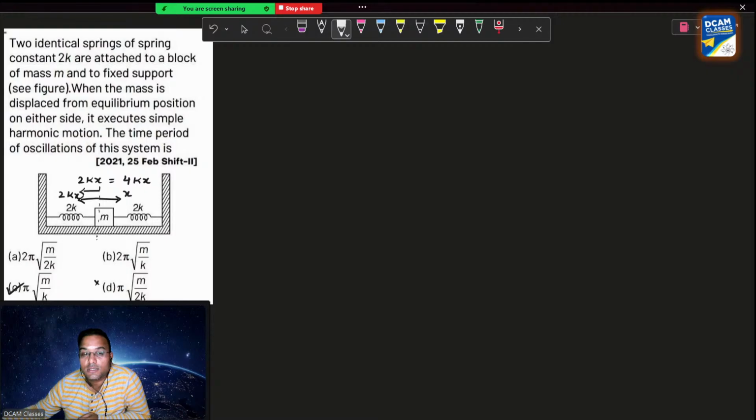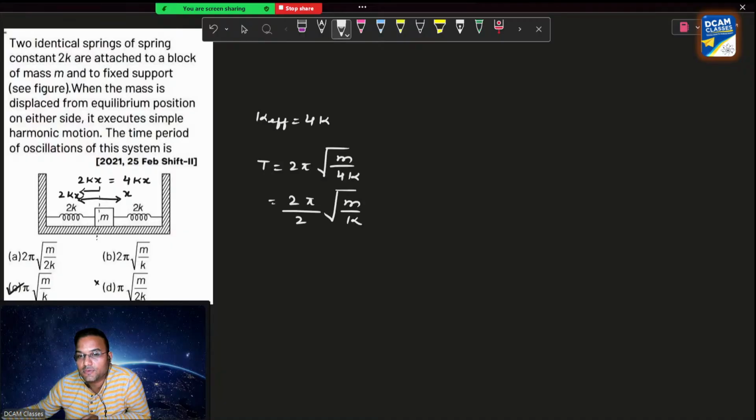So k effective, you can take it as 4k. Time period will be 2 pi root over m by 4k. 4 you'll take outside, root over m by k. So time period is equal to pi root over m by k. This should be your answer.